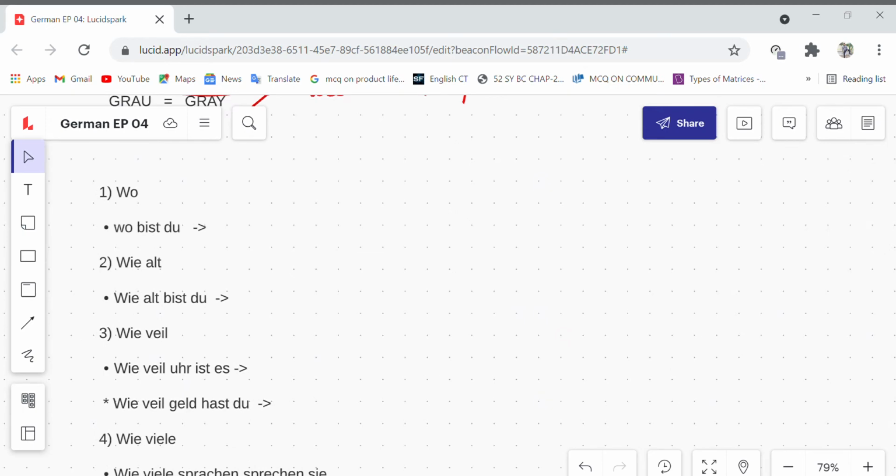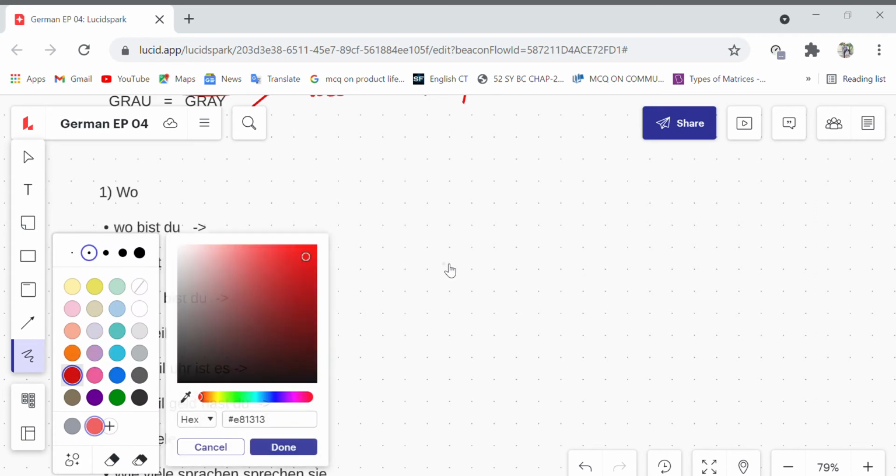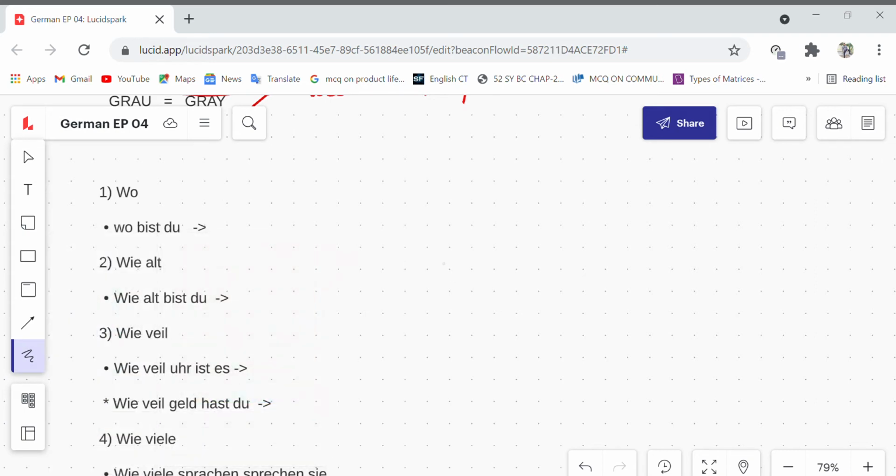So let me talk about these. What are these words and what are these sentences? Wo means where. Wo bist du means where are you?